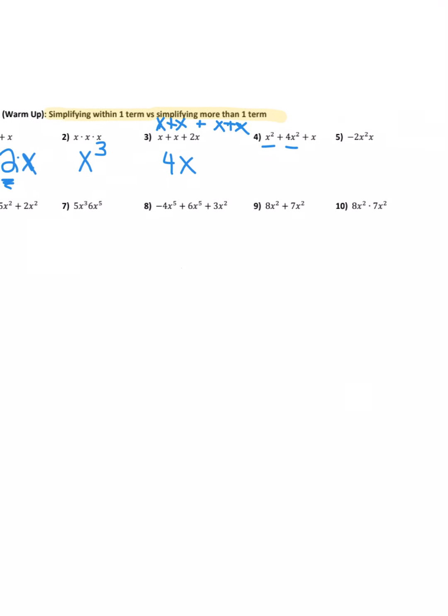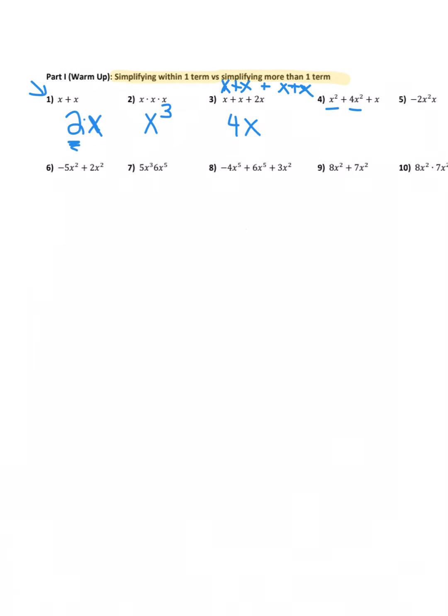For number 4, again, we're simplifying by combining like terms. And the like terms we have here are an x squared and a 4x squared. Let's actually, I want to expand this out for you.